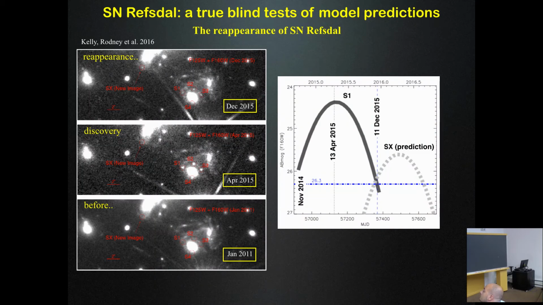Okay, so from the light curve of this image here, the lens model could be used to predict the light curve of the supernova that was supposed to reappear at this position. And so it was possible to predict with the model not only the time of the reappearance, but also the luminosity of the image that was going to reappear, and also the time delay, of course, of the reappearance.